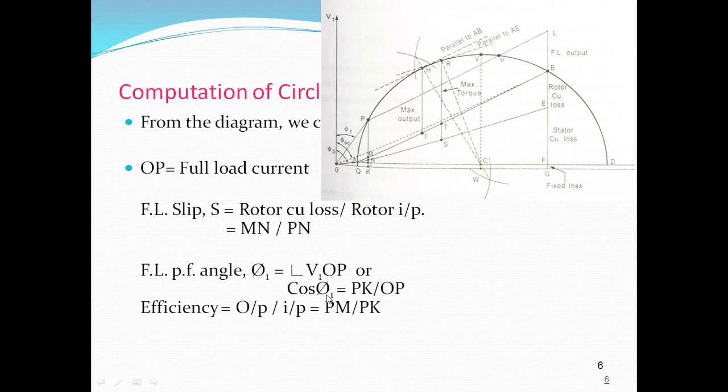Or power factor cos phi is equal to PK by OP. Efficiency is equal to PM by PK. So by using these formulas we can calculate the values directly. It is not required to remember any formula, you can just measure with a scale.